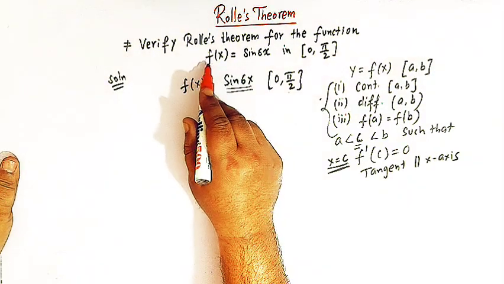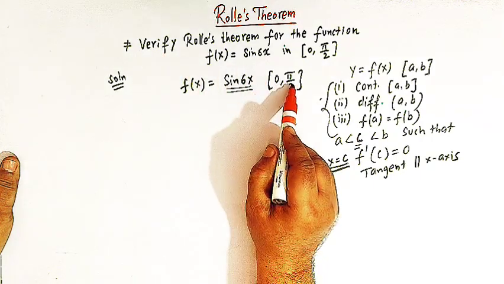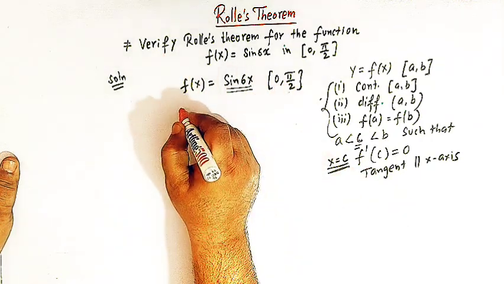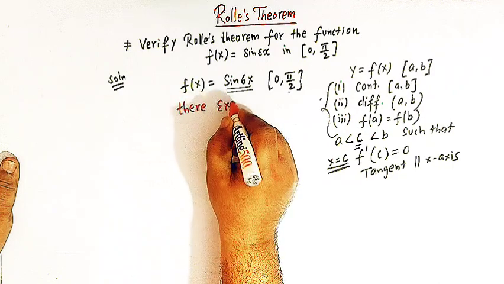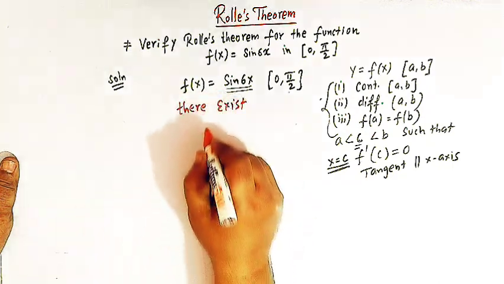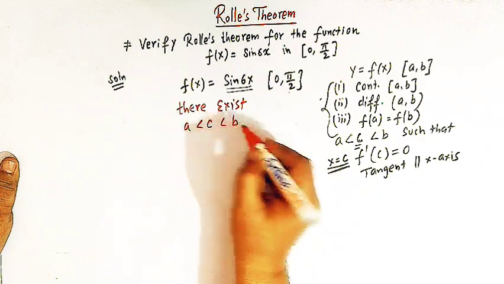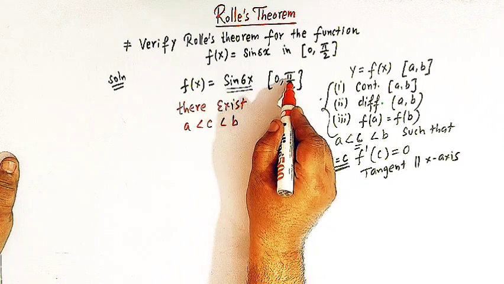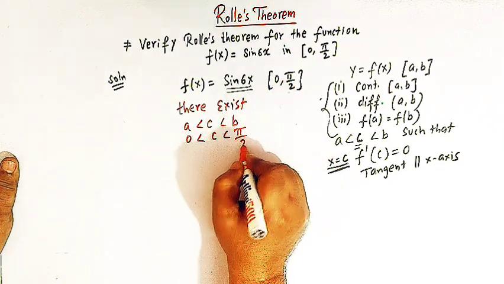So now this function f of x satisfies all the conditions of Rolle's theorem in this interval. So it implies that there must exist at least one value of c which lies between a and b, and here a is 0 and b is pi by 2, so we have this inequality, right?